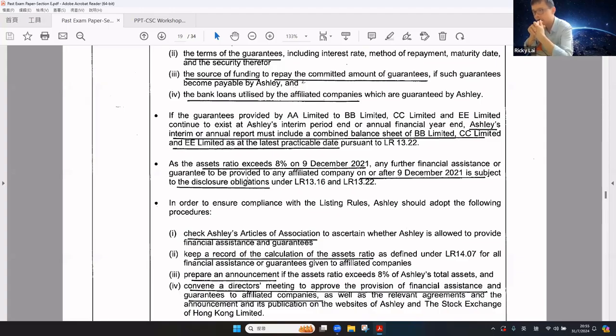Please bear in mind the interim report and also annual report disclosure for financial assistance to the affiliate company. If the assets ratio is more than 8%, any further financial assistance or guarantee provided to any affiliate company on or after December 9 is subject to the disclosure obligation. Okay, so that for future, the company is still required to comply with the listing rule requirements.